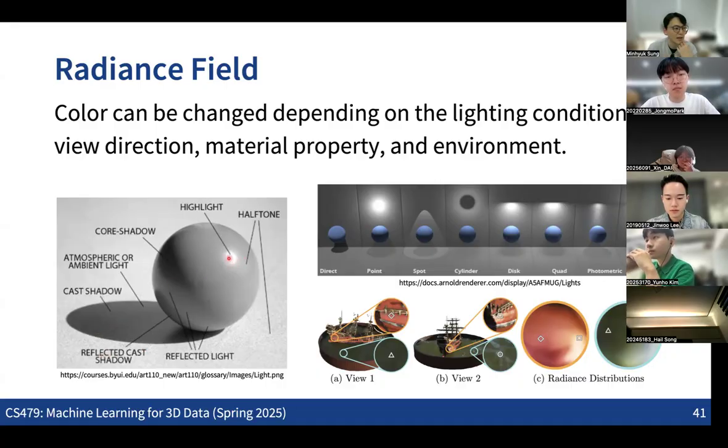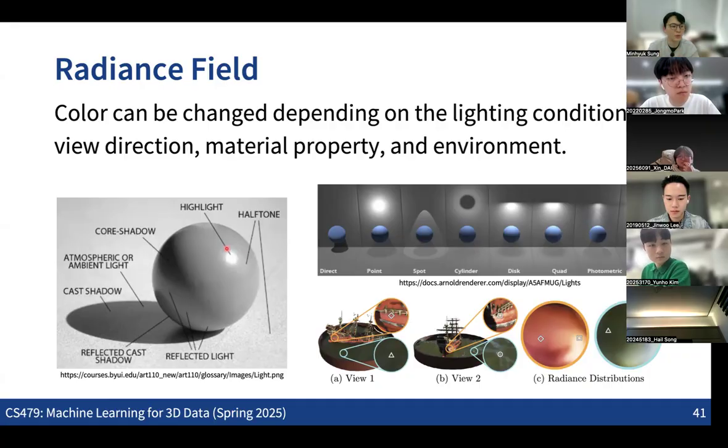You can see a highlight on the point here, probably because the light is coming from here, while the points over the surface of the object may have the same property, right? So considering the view-dependent color means that we want to incorporate information about the environment, the lighting, and many other things into the surface. But since we do not have this environment information, we just want to directly get the view-dependent color information. That's the high-level idea here, right?